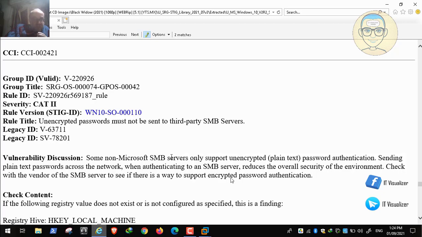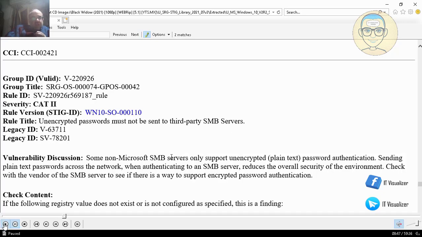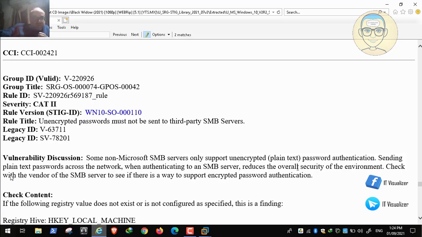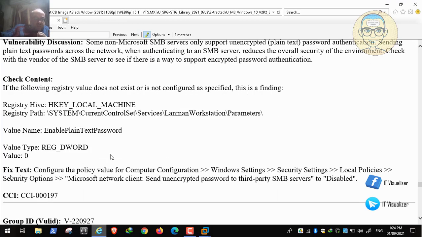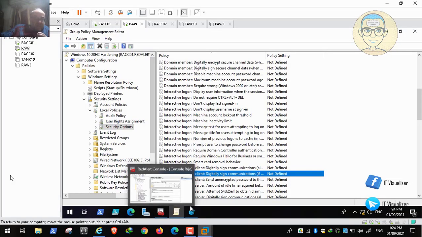So you need to take care to always encrypt passwords sent by the SMB clients to the non-Microsoft SMB servers for authentication. We need to take care of this option too, because sending passwords unencrypted is vulnerable to attacks, or man-in-the-middle attacks.